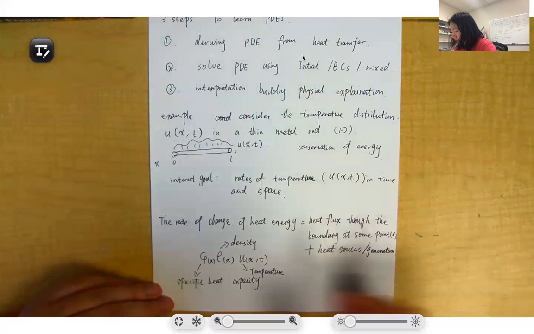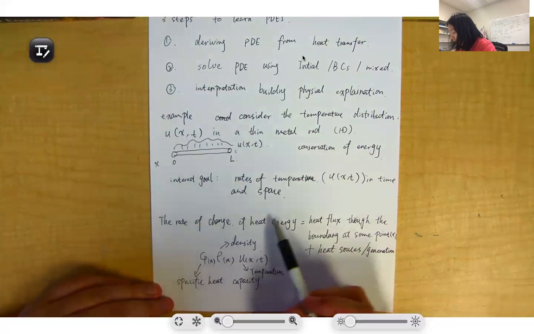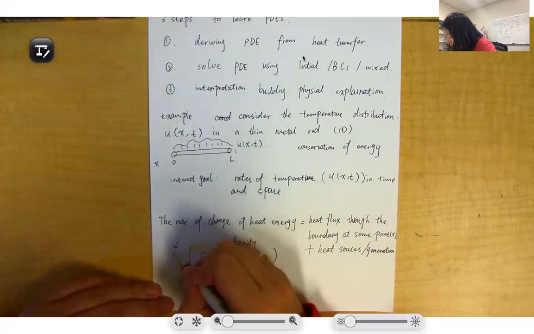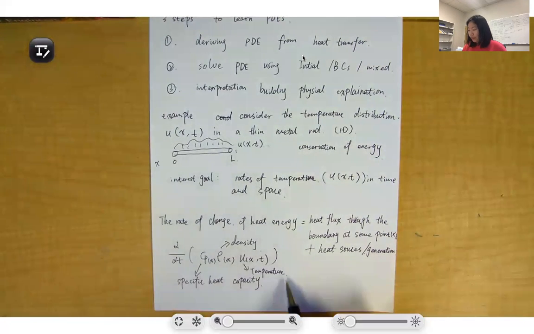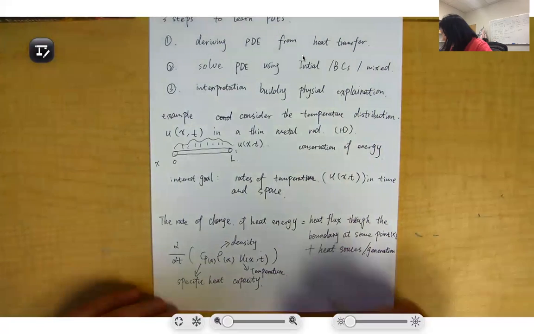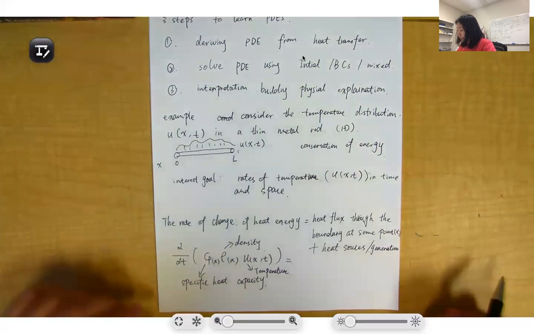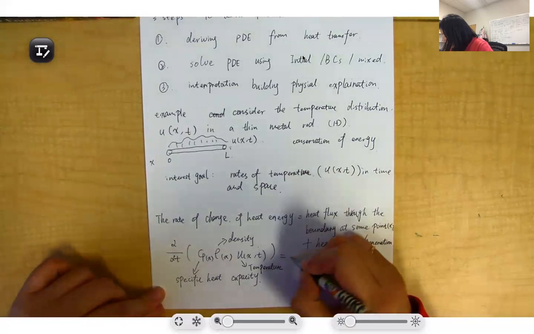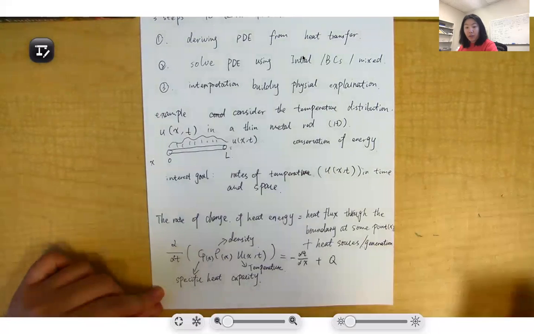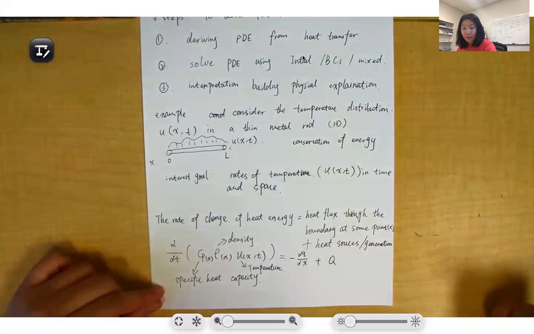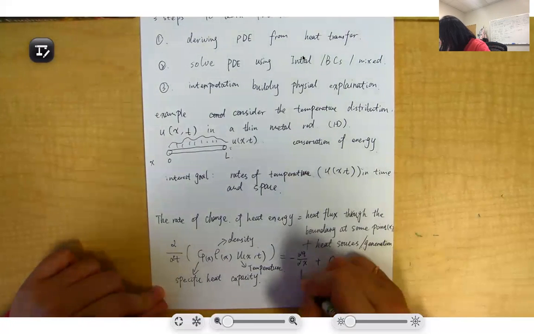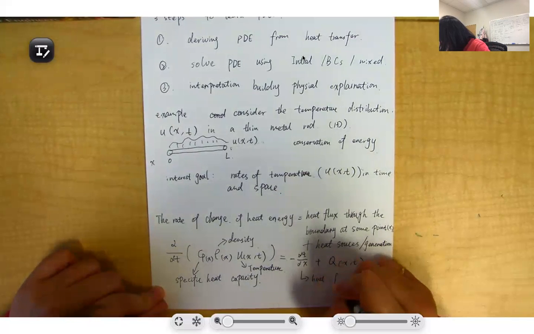And this is the rate of change of the heat energy, so it should be d over dt. So the change of this heat energy as a function of time equals the heat flux, which is minus dq over dx, plus the big Q, which represents the heat sources, Q(x,t). So this is the heat flux term.